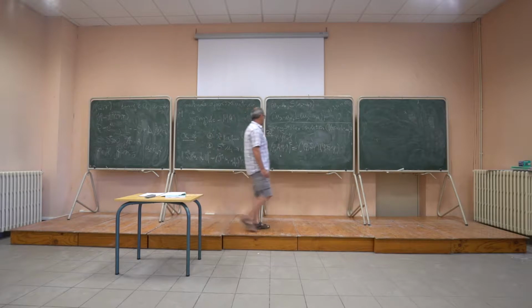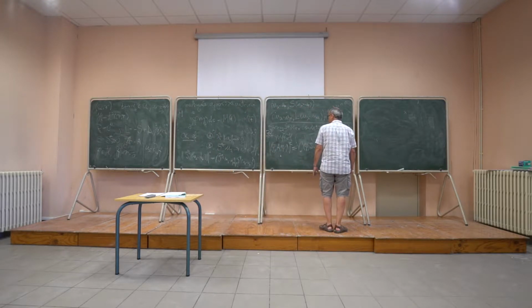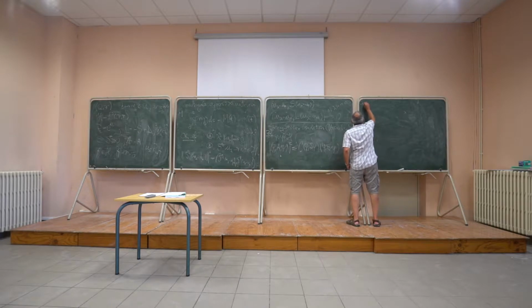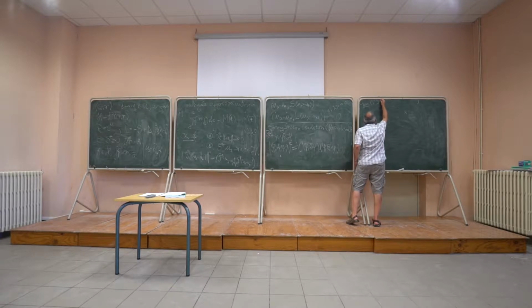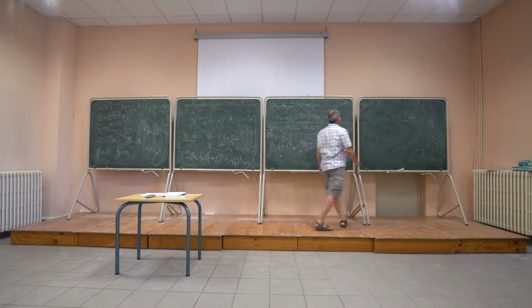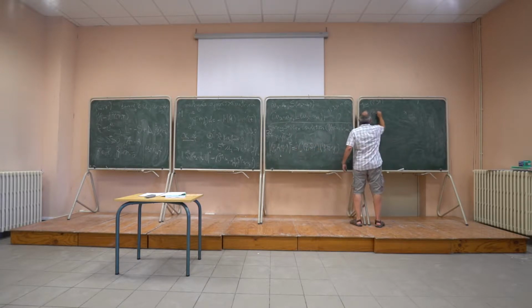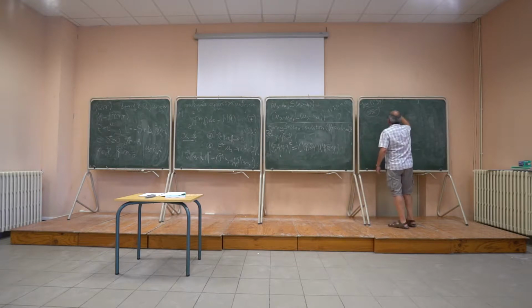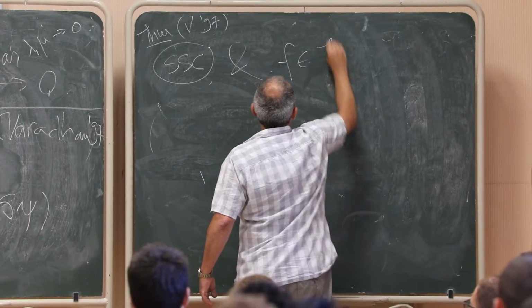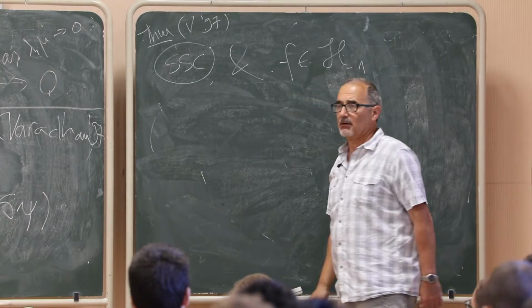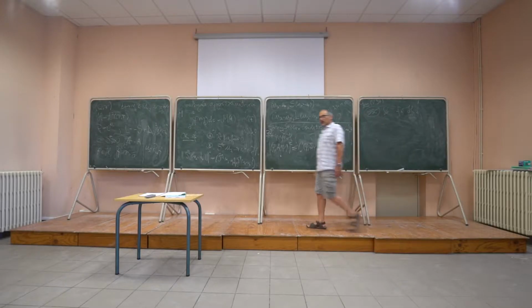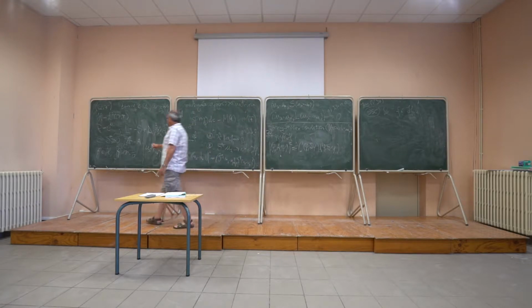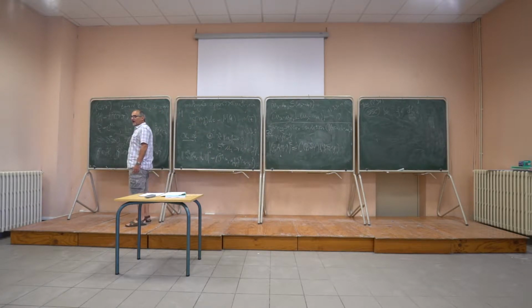And Varadhan proves the following theorem, 90-something, check it in my lecture notes, I remember 97, it might be 95. If the strong sector condition holds and f is in H_{-1}, remember H_{-1} was the range of S^{1/2}, or the domain of S^{-1/2}.